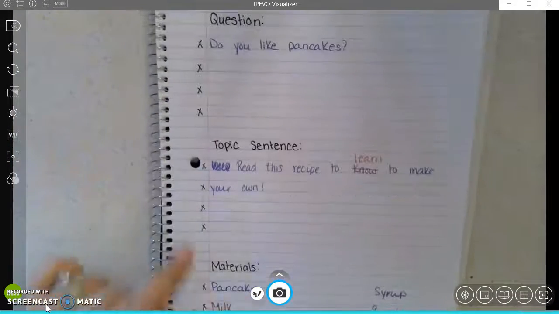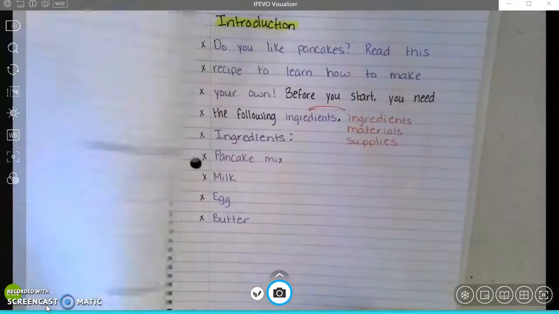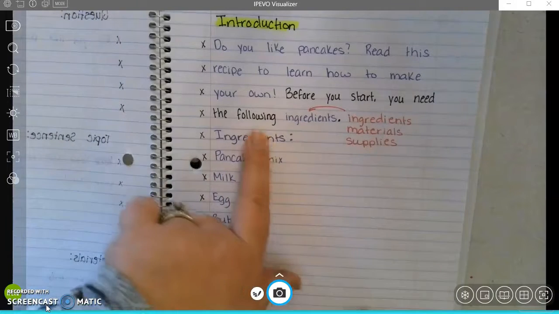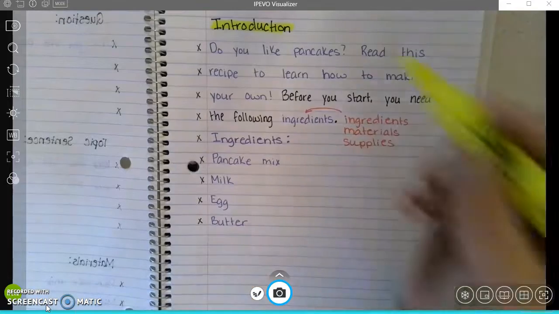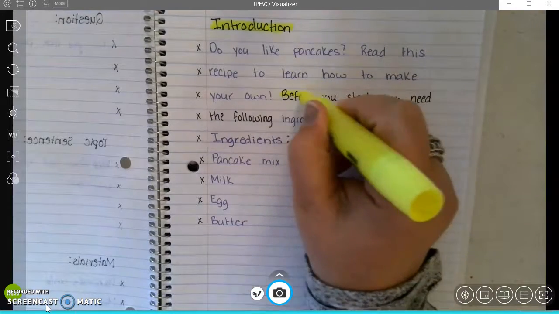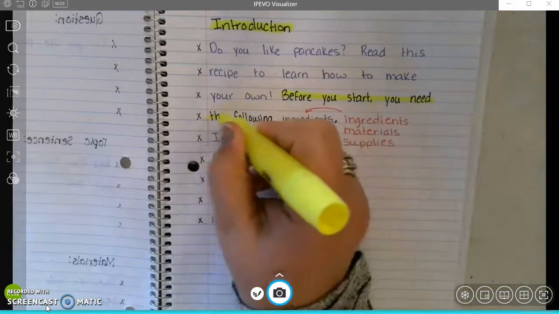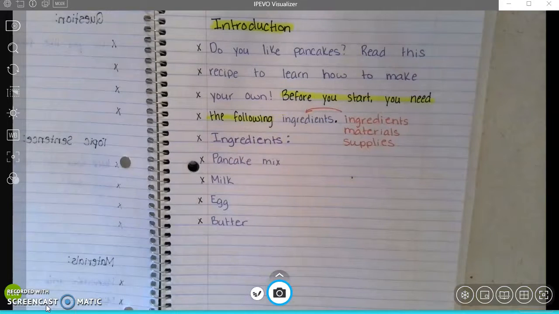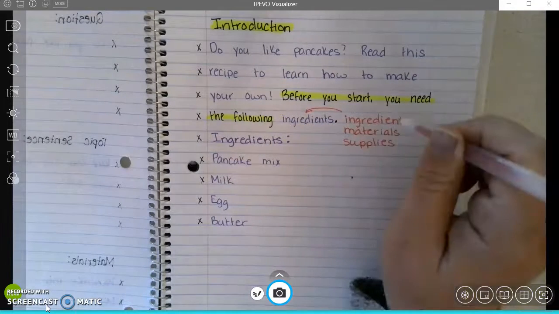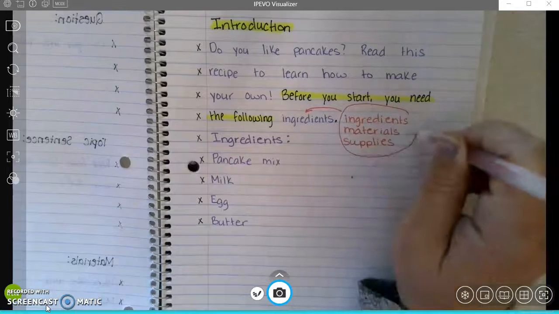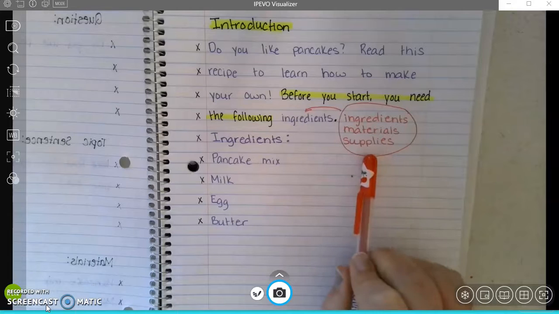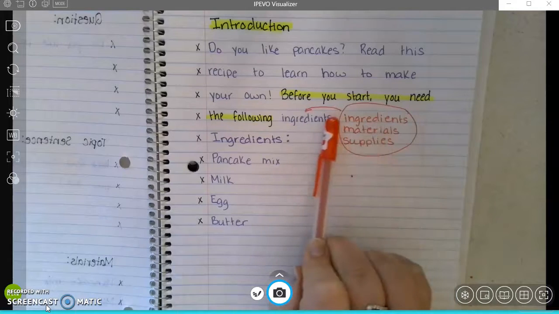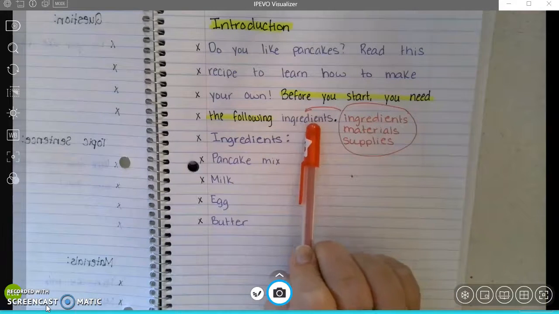But we don't want to just list our materials. We also want to say, hey, you need to gather these things before you get started because this is what you're going to need. So you're going to need a sentence for your materials, okay? Remember, you're picking one of these three words to go in your sentence here.